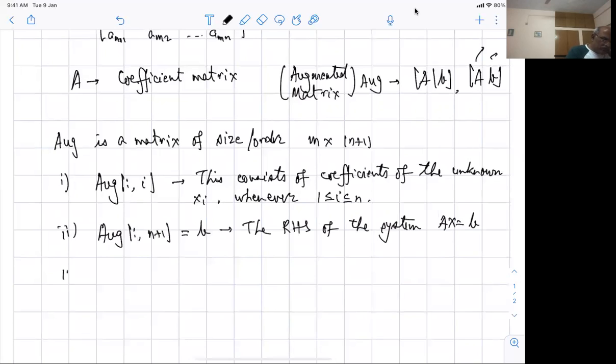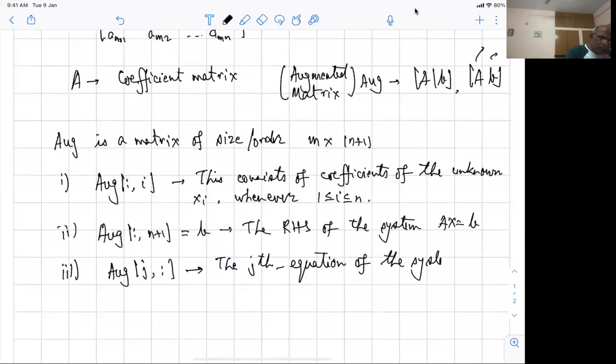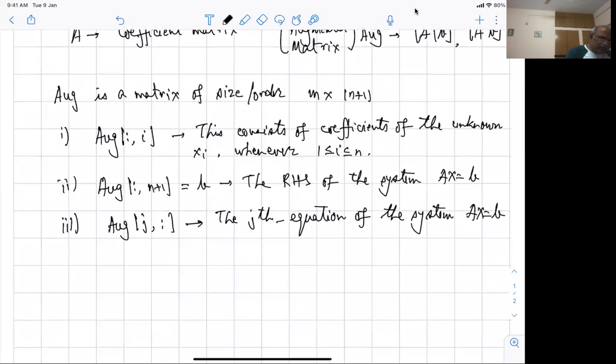And then what about the rows? If I look at the jth row of the augmented matrix, then this is nothing but the jth equation of the system Ax = B. So this corresponds to Aj1 x1 + Aj2 x2 + ... + Ajn xn = Bj, where 1 ≤ j ≤ m.